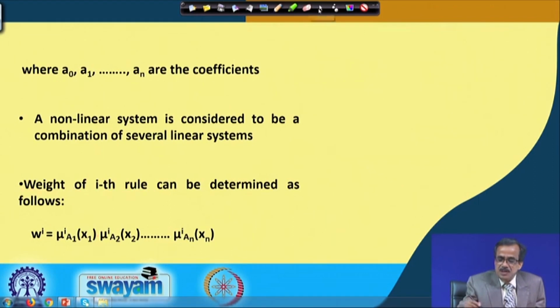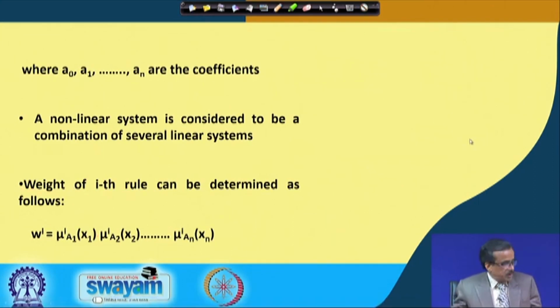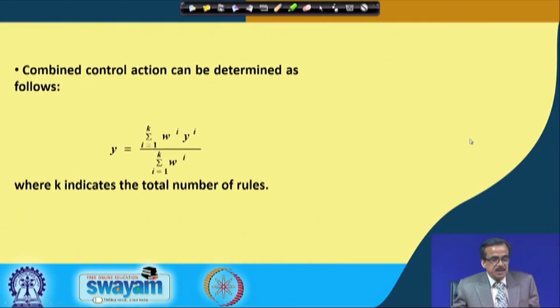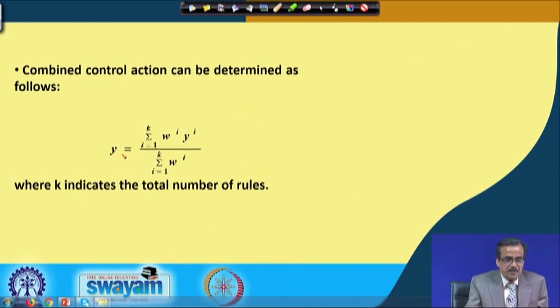Once you have got this weight of the ith rule, next we can find out the output very easily using this expression. For the combined control action, this output y is nothing but the summation, i equals 1 to k, of wi multiplied by yi, divided by the summation, i equals 1 to k, of wi.